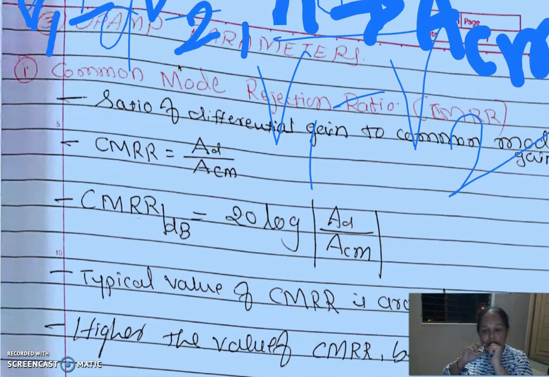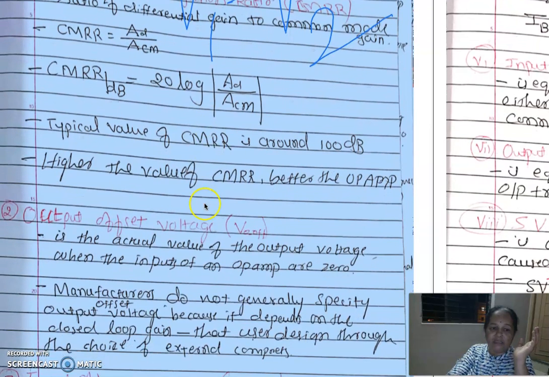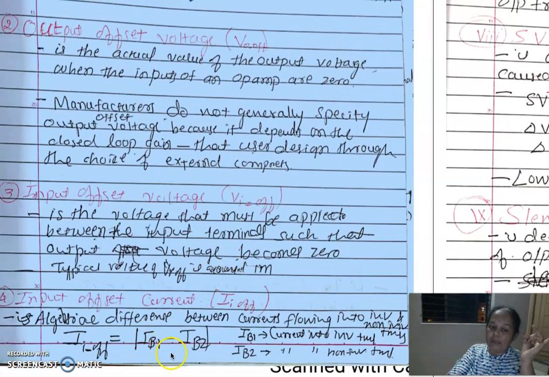Next, we are now going to see various op-amp parameters. The first parameter is common mode rejection ratio, CMRR. The second parameter is output offset voltage, VO. Then we are going to see input offset voltage, and then input offset current.